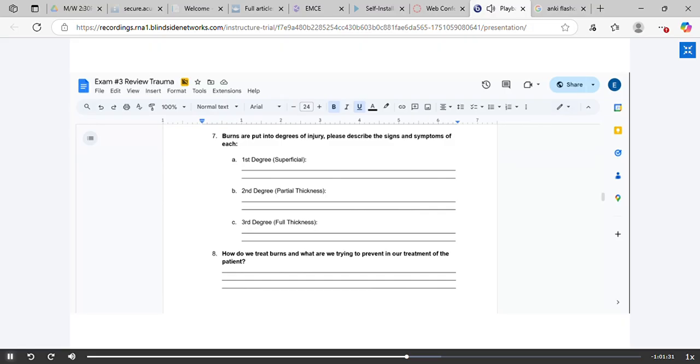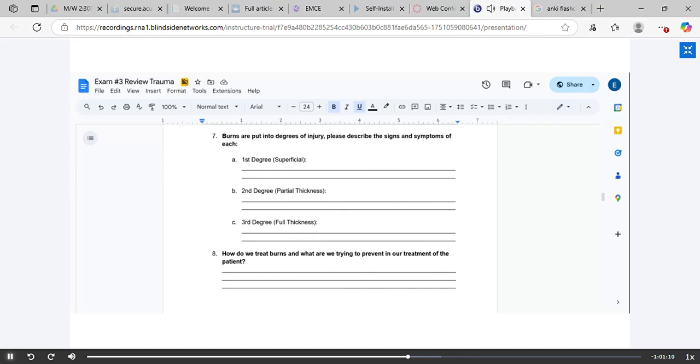Your third degree burn, because it extends through all the layers of the skin and goes deeper than that, it has affected your nerves and your nerve endings. It's burnt through those. So the area of your third degree burn is painless. There's no pain in that area.